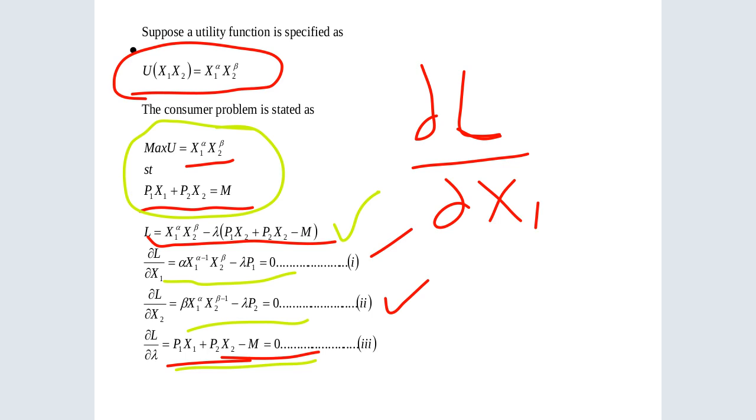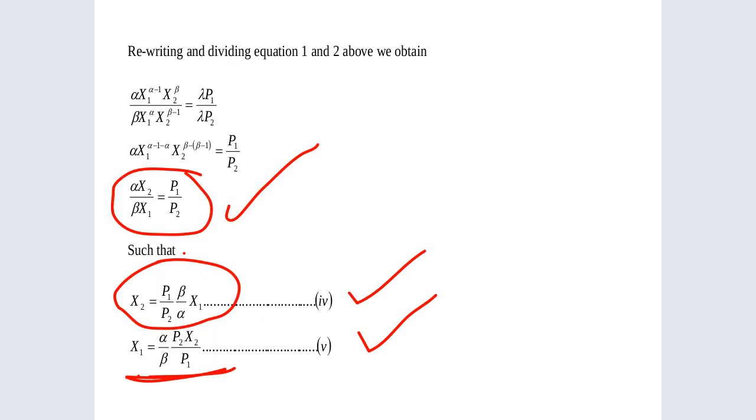Now from there, just divide equation 1 by equation 2. So if you do that, this is what you get. Dividing equation 1 by equation 2 gives you this. So if you simplify that, you get this.